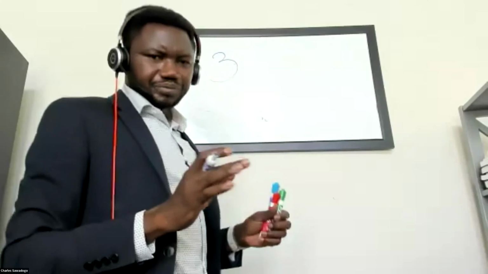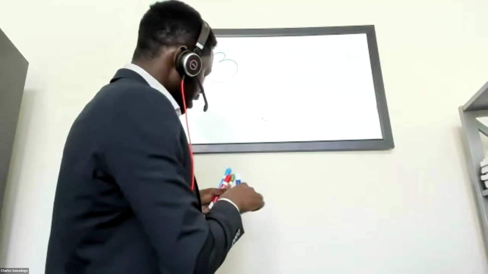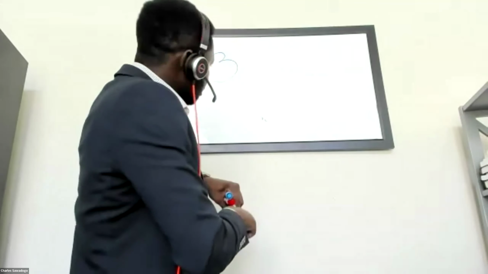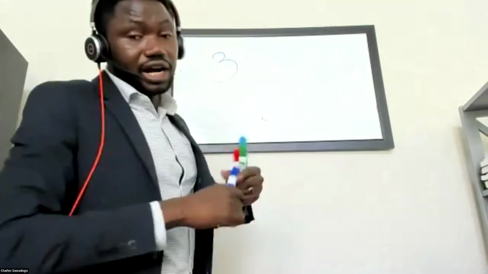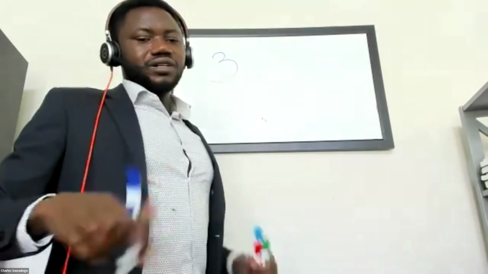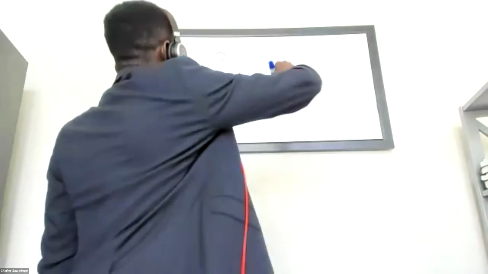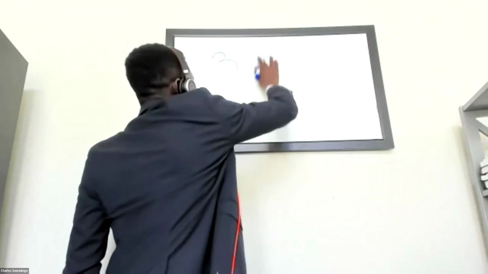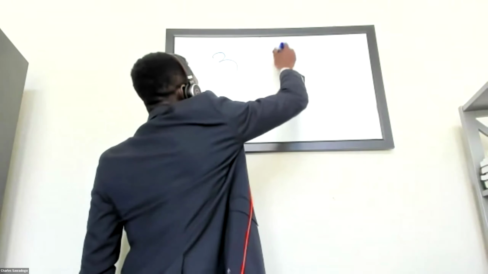So let's say a threat is happening 3 times a year, a hurricane is happening 3 times a year, and every time the hurricane comes, it causes a damage of $5,000. Are you listening?